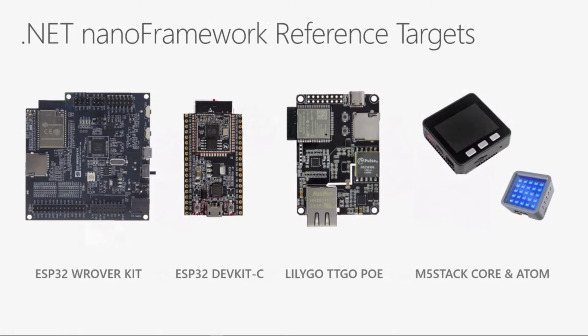The mainstream ones, like the dev kit or the rover kit, and also the LilyGo, and a similar one, which is the Olimex, which includes the Ethernet besides the ESP. And also for the M5Stack devices, both the Core and the Atom. So for all of those, you can find a ready to flash image on our GitHub repos.